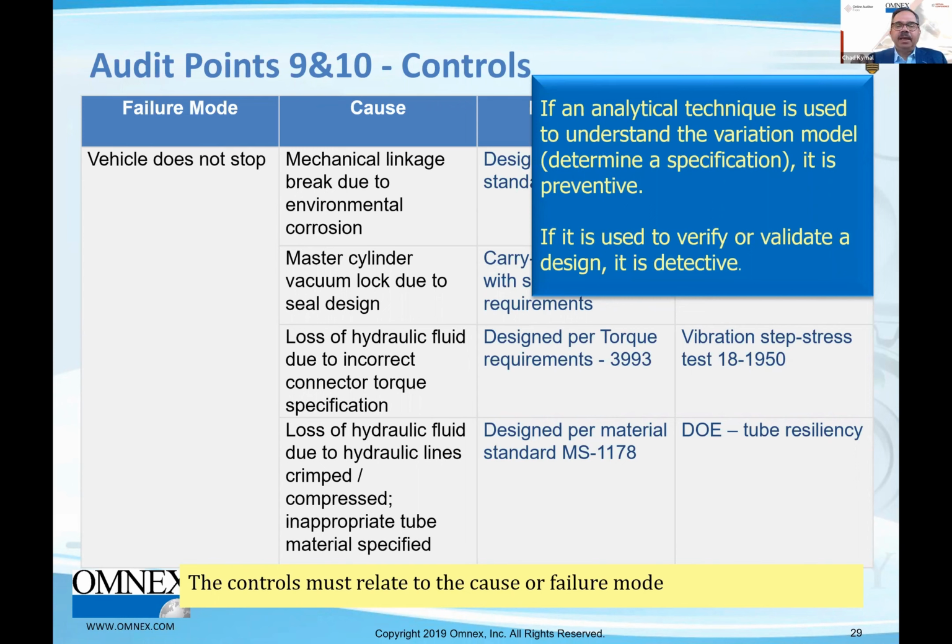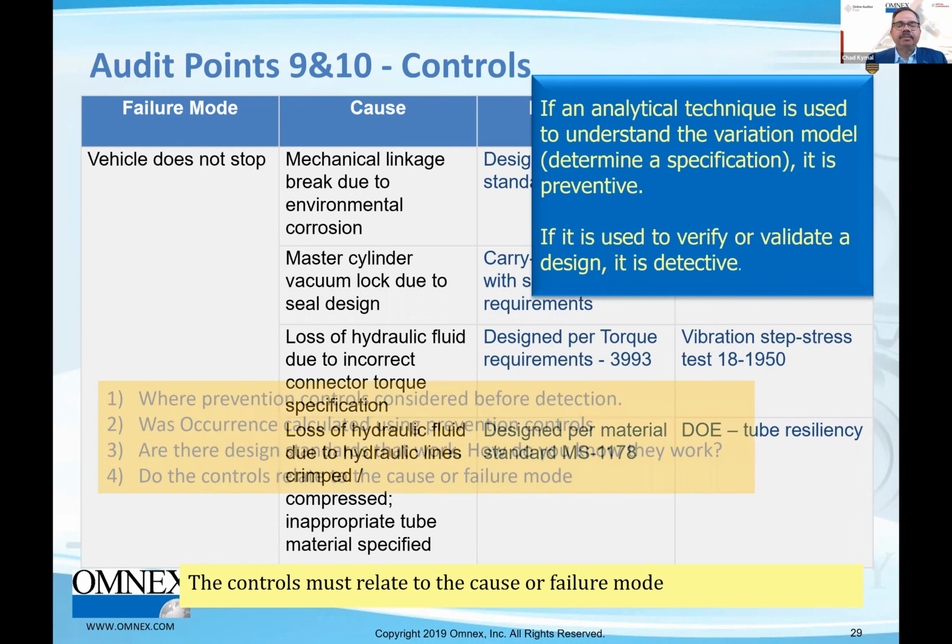If the technique is used to understand variation to determine specification, it is preventive, whether it's CAE or an experiment we did with DOE. All of those are preventive techniques. If it is used for verification or validation, the same tool could be detective.